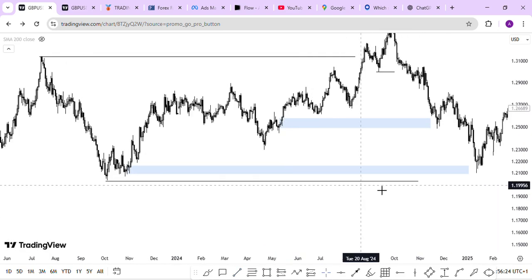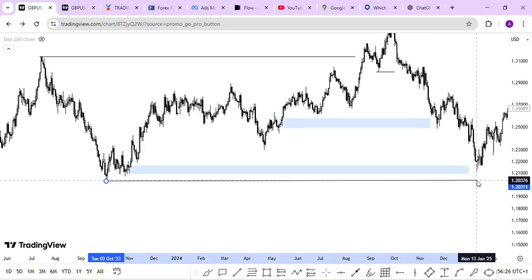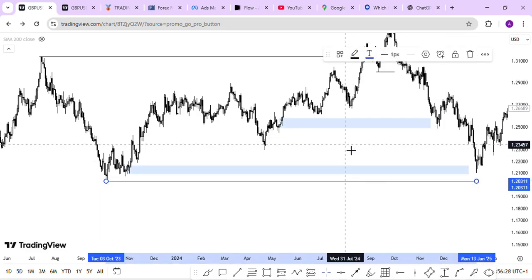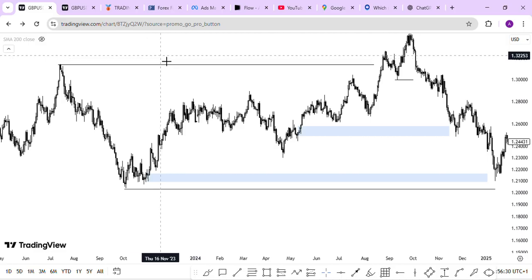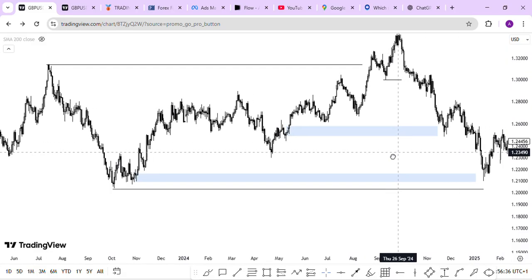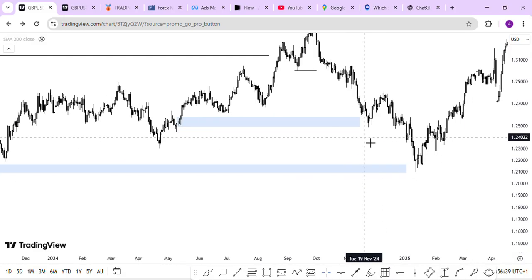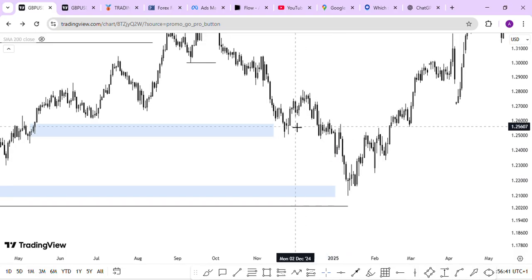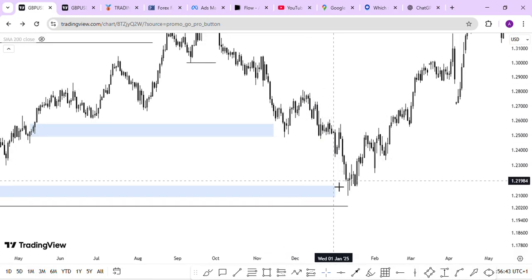Anything below here will serve as a change of character. This is our structure low, this is our structure high. The market has taken out this level. Immediately this one failed. When the market got to this level, we had a reaction and it failed.